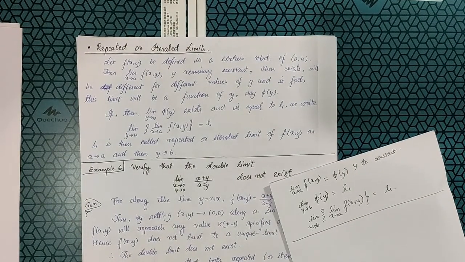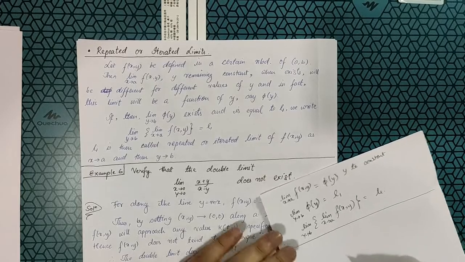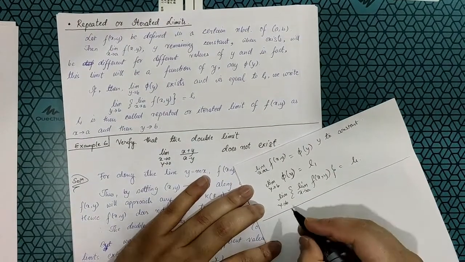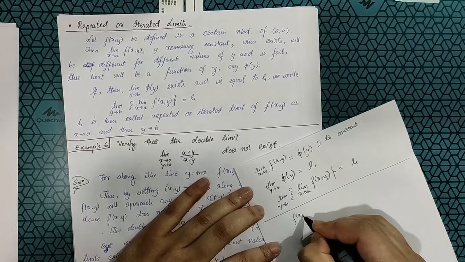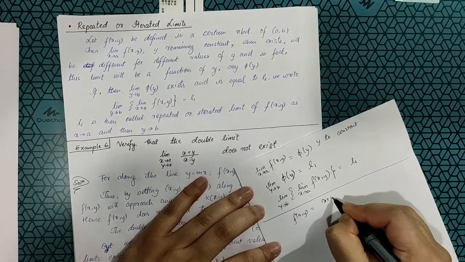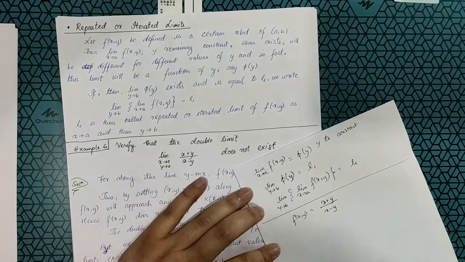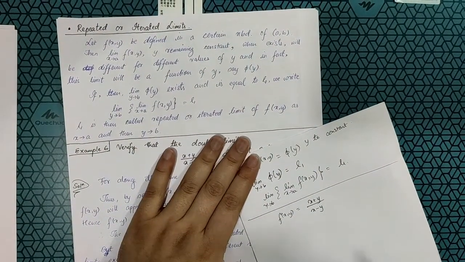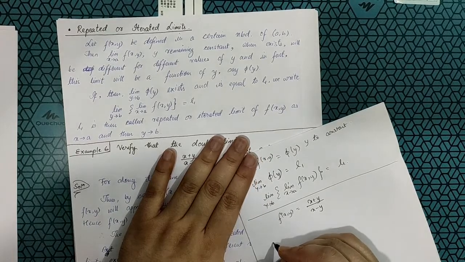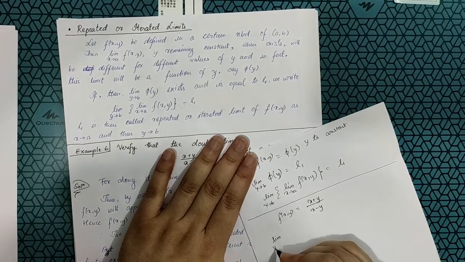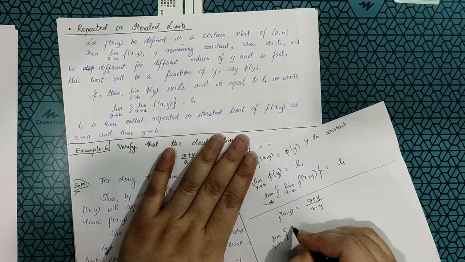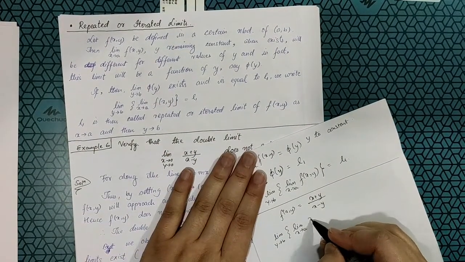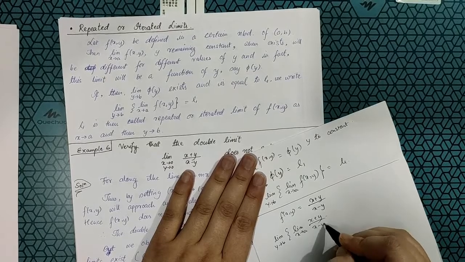So now let us check how to find the repeated limit. So we do it with one example. Let f of xy is equal to (x plus y) by (x minus y). For this, we first find the repeated limit: limit y tends to b, limit x tends to a, of (x plus y) by (x minus y).